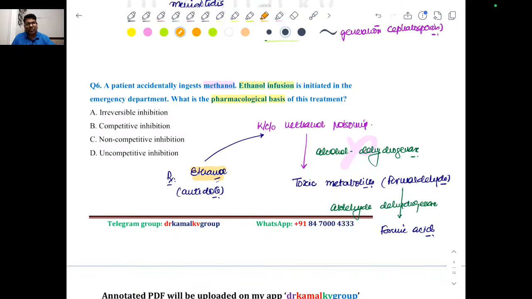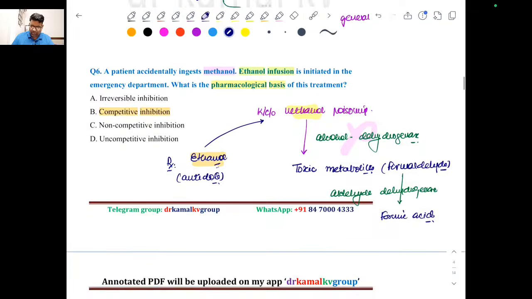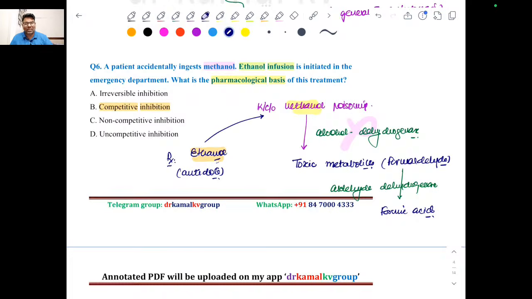right? So there is a competition between the ethanol and the methanol to bind with alcohol dehydrogenase. So this is a type of competitive inhibition. Very good, Dr. Priya, very good, Shamim. There is competition between the methanol and the ethanol to bind to alcohol dehydrogenase, right?